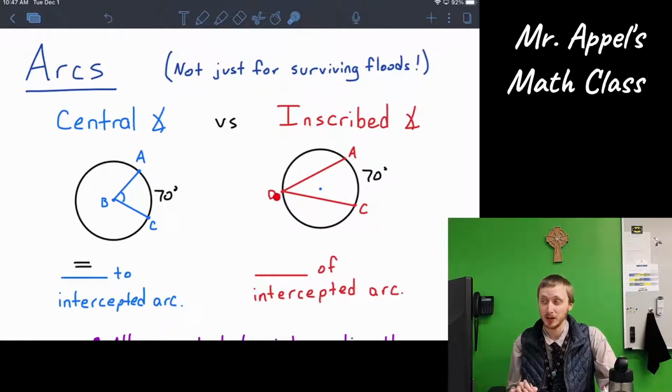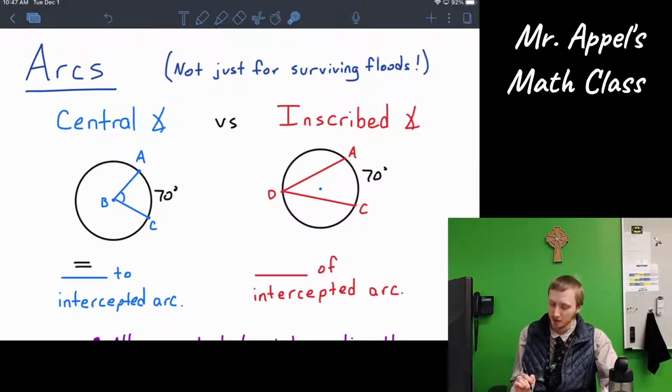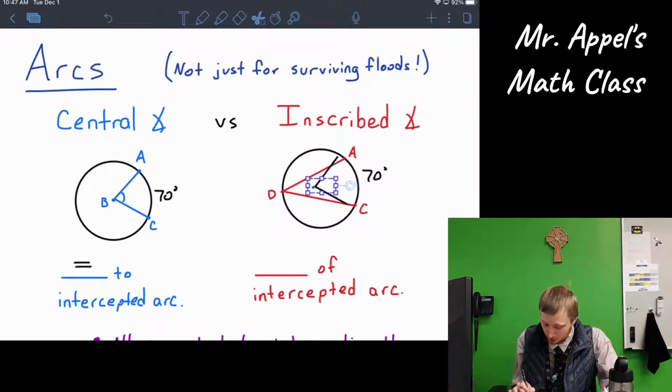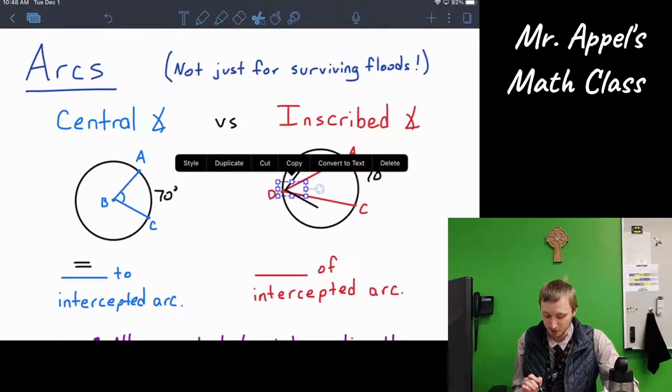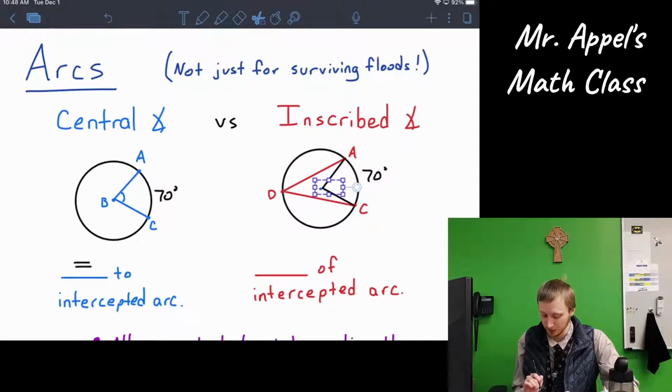But inscribed angle ADC is not 70 degrees. It is not the same as the central angle here. And I think if I was to draw that in, and then we capture and move it over, you can probably see, hey, it's definitely got to be smaller. That's pretty clear.